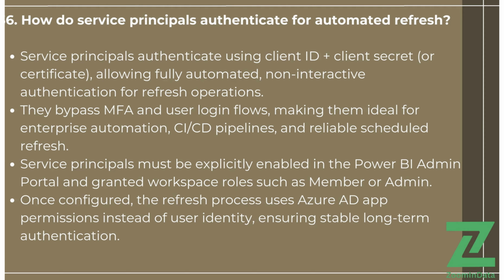Service principals must be explicitly enabled in the Power BI admin portal and granted workspace roles such as member or admin. Once configured, the refresh process uses Azure AD app permissions instead of user identity, ensuring stable long-term authentication.